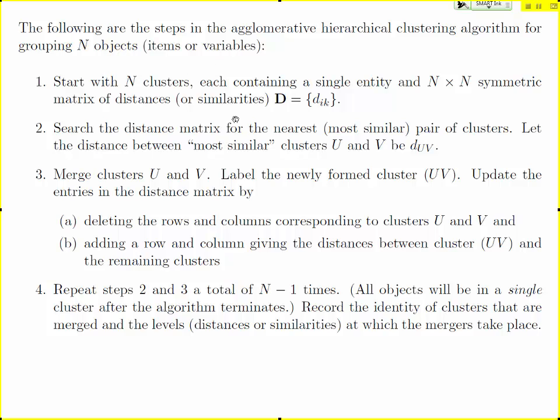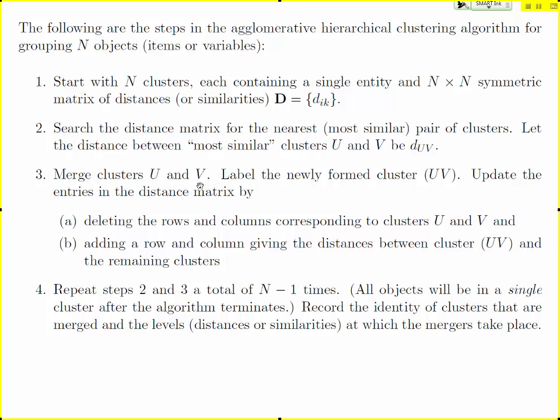So we search the distance matrix for the smallest distance, the one with the nearest, most similar pair of clusters. And let's say that out of our capital D, or out of our N individuals, U and V correspond to that smallest distance.